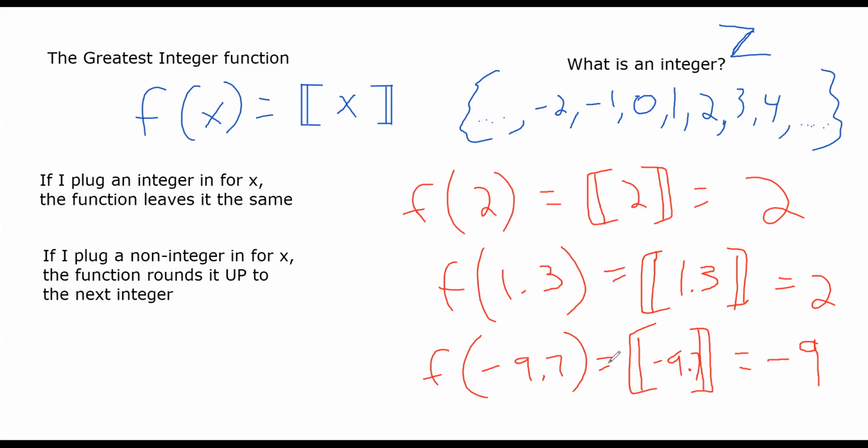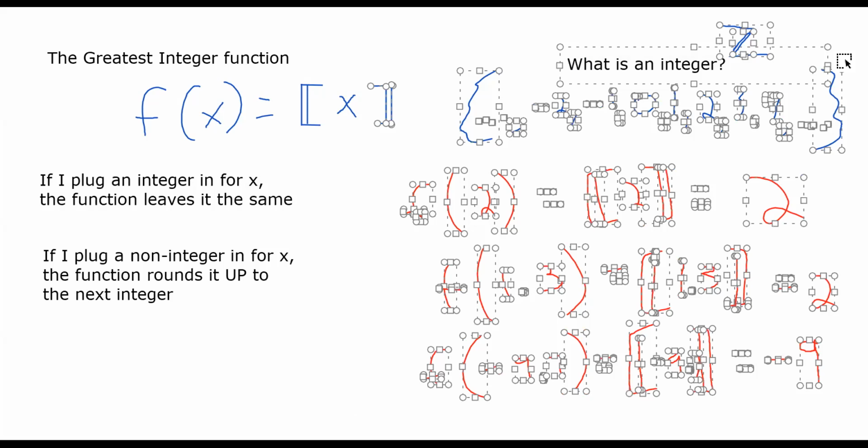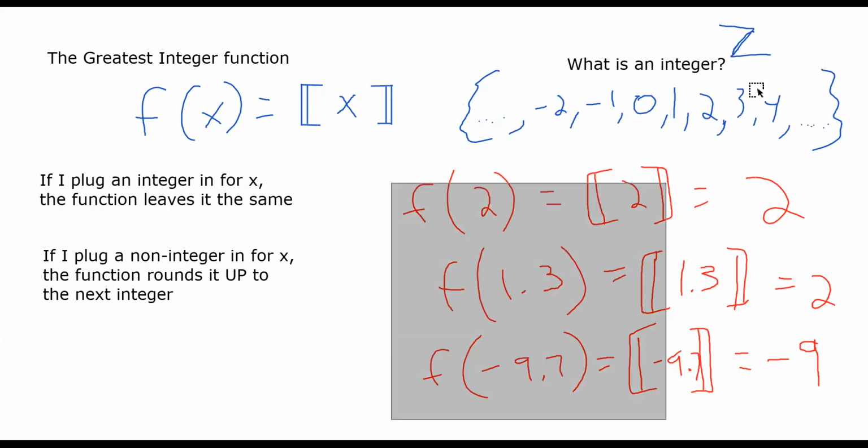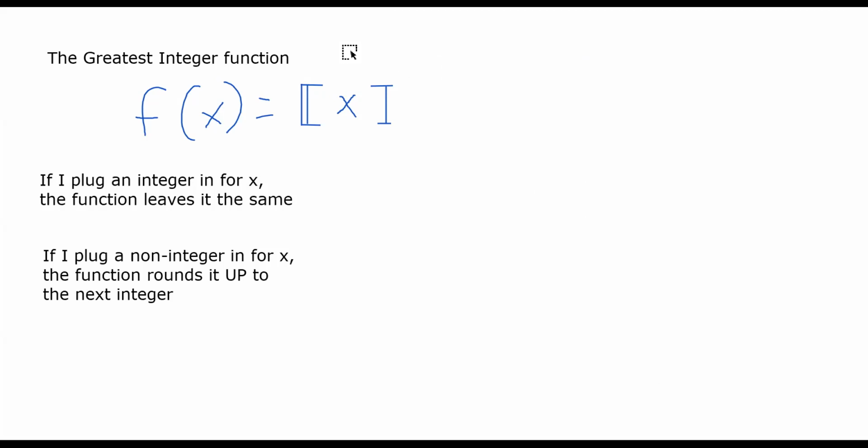What we're going to see is that the graph of this creates something called a step function. So let's peer into the graph. Let's see, what will a graph look like?